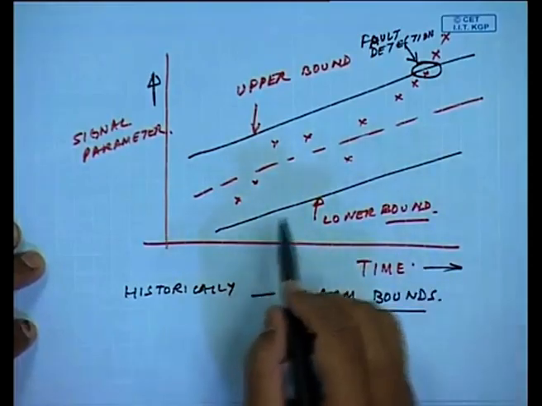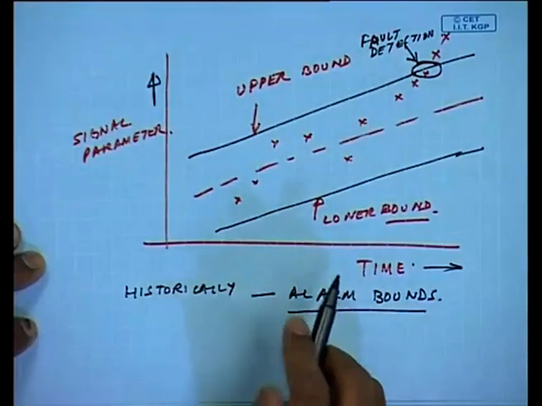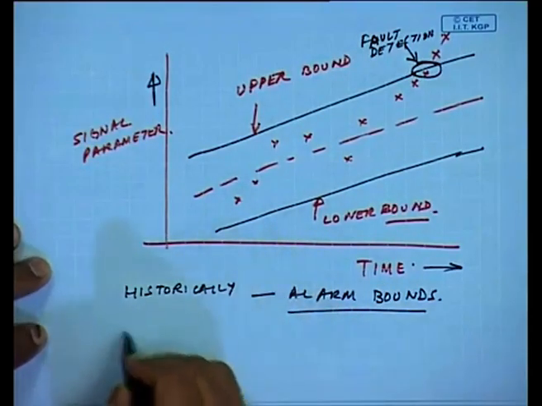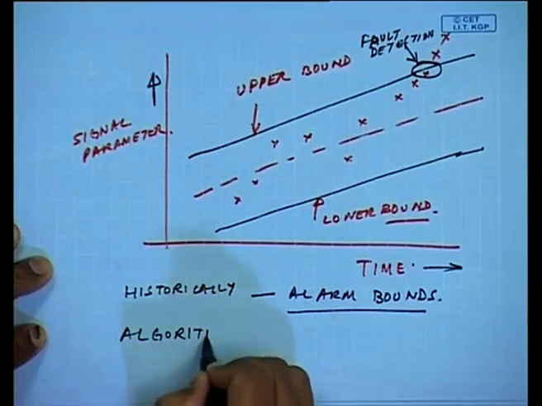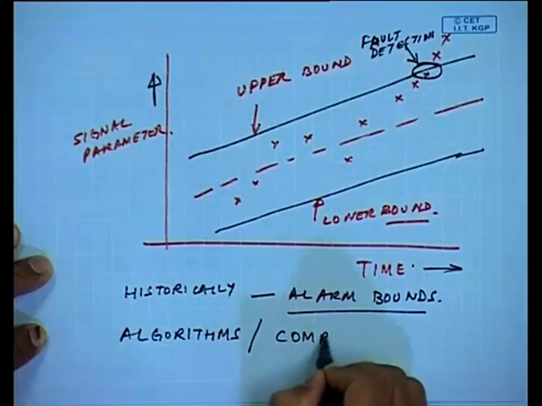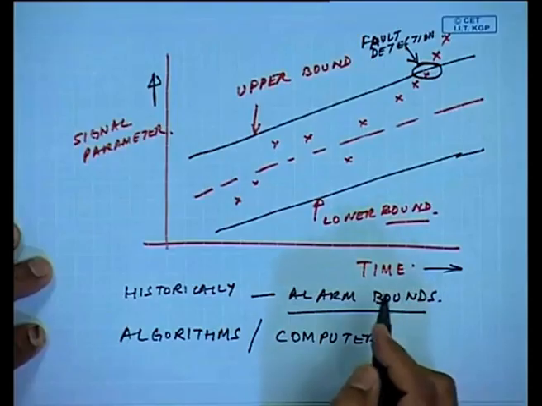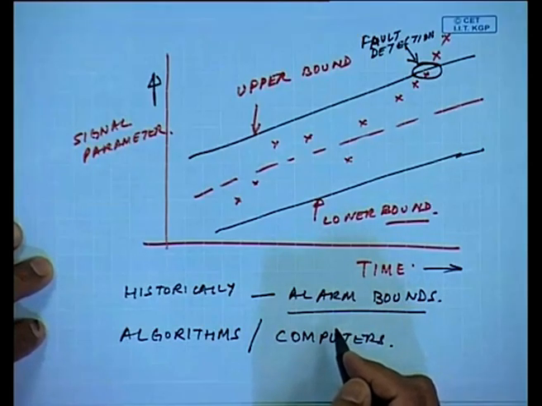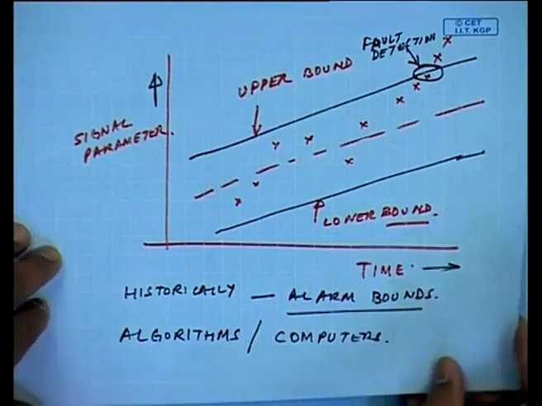And then you can detect a fault, but nowadays, with the availability of many algorithms and fast computers, many new methods of fault diagnostics have evolved, and we will discuss a few of them here.